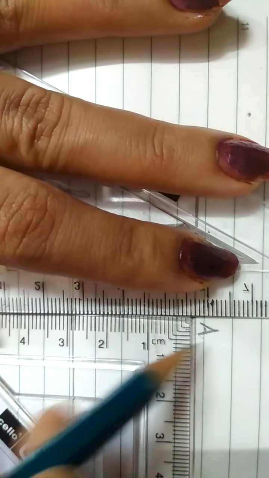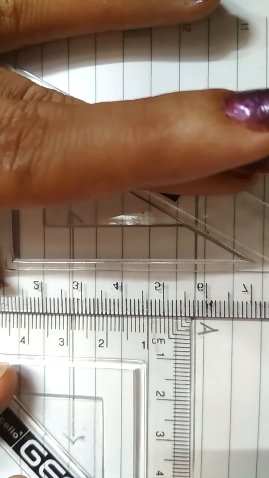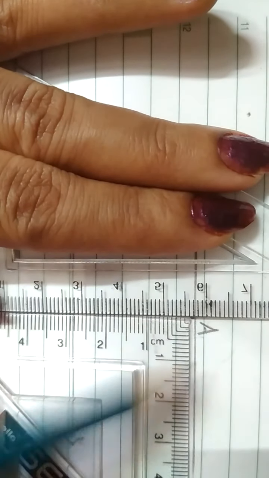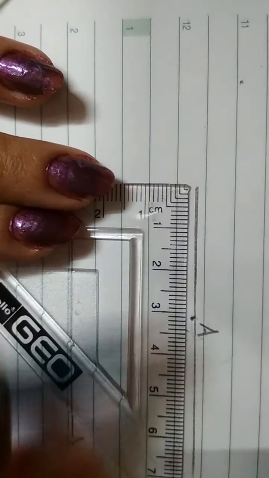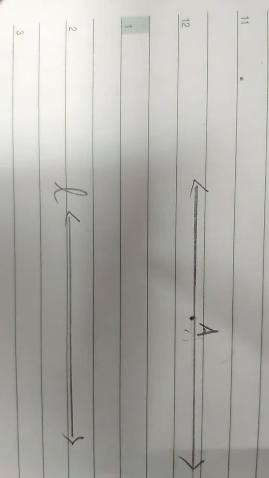So you will just draw the line from this point, exactly how this set square you will arrange it, and then you will draw the line from the point, okay, and then remove the set square and extend this line. Can you see this line? Then remove it and label it as M, okay.